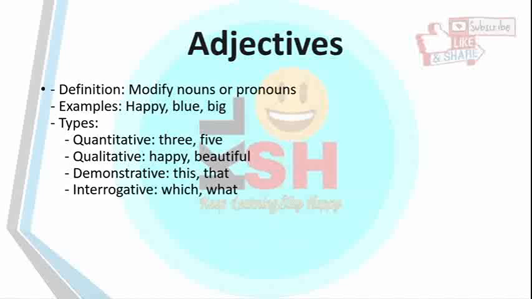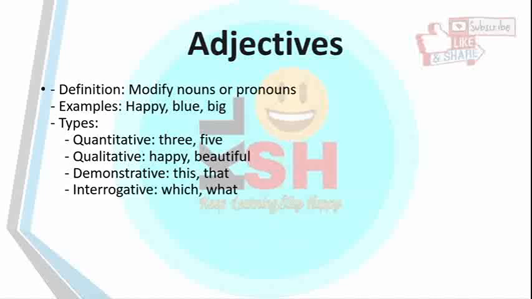Examples of the adjectives are happy, blue, big. There are many types of adjectives as well, like quantitative adjective, qualitative adjective, demonstrative adjective, interrogative adjective. Let's see examples of these one by one. Quantitative adjectives means the adjectives that define the quantities: 3, 5, 2, 1.